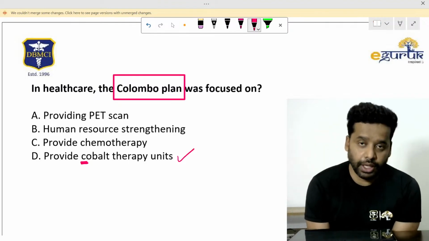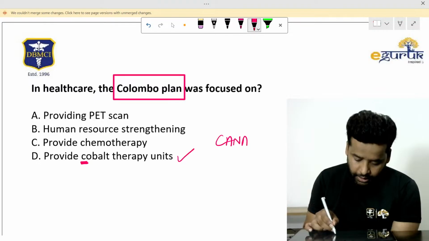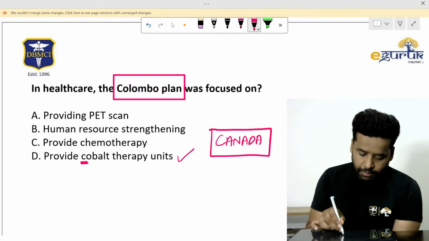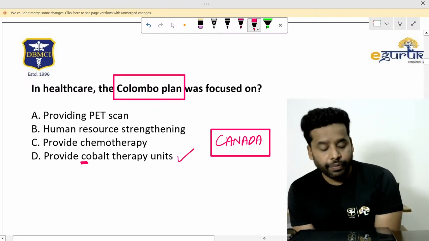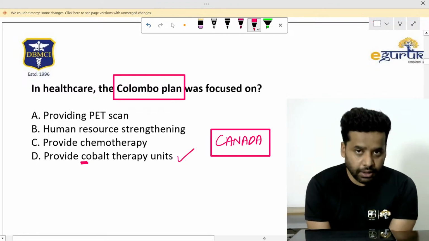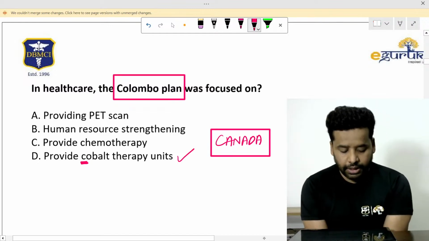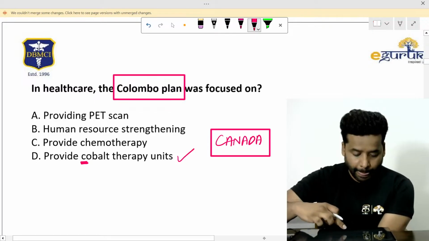If they ask who gave this, again one more C: the government of Canada. There are different countries in the plan. They help in development of different sectors. In health sectors, the government of Canada was distributing cobalt therapy units to hospitals in our country. So this is related to CTUs, cobalt therapy units.